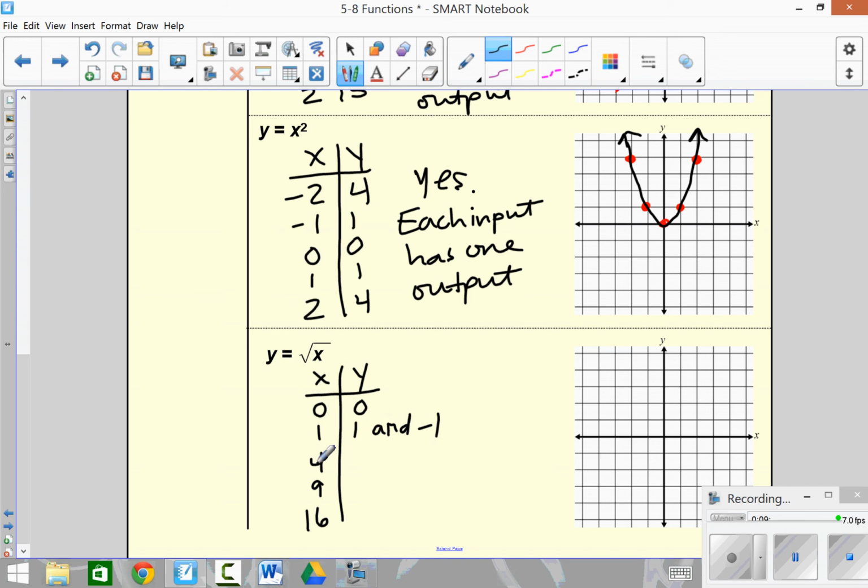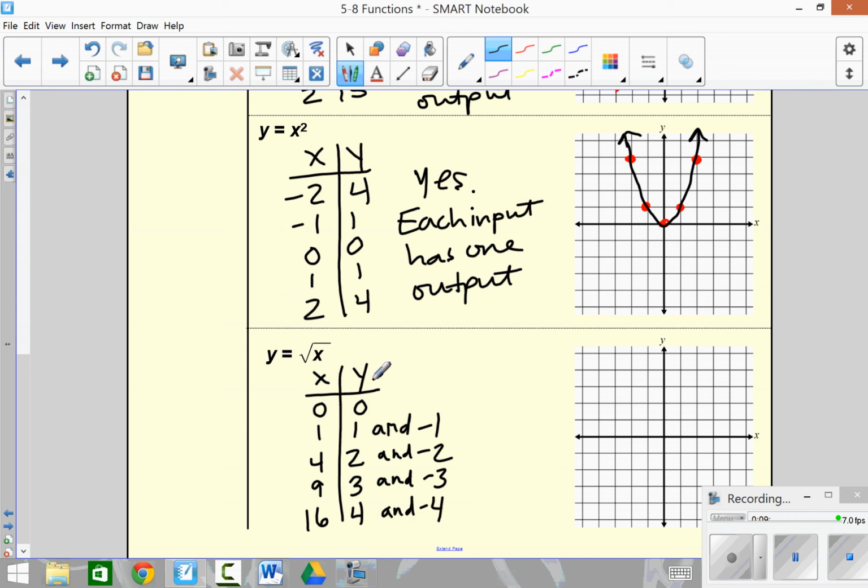If I input a 4, the square root of 4 is 2, but the square root of 4 is also -2. Square root of 9 is 3, but it's also -3. And if I put a 16 in here, square root of 16 is 4, but it's also -4.